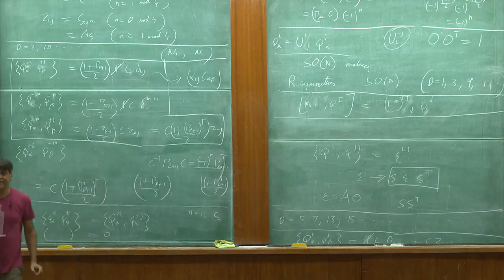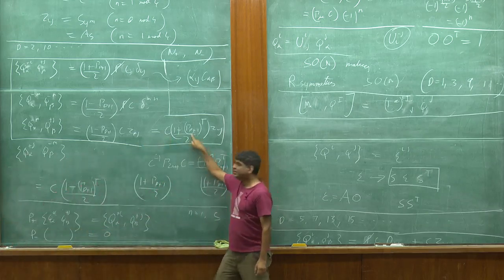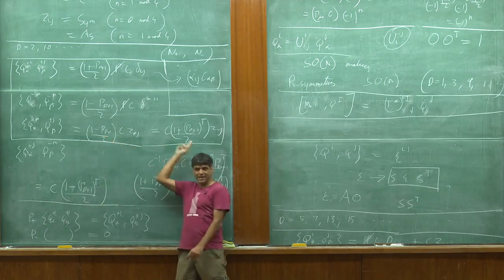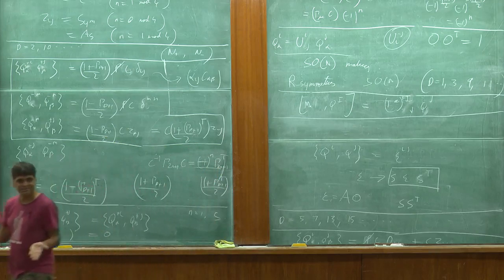Another way of saying that is you read it from right to left rather than left to right. And this equation here is telling us that if we read it from right to left, this P minus has become a P plus. So it's consistent. It's just that transposition is changing this P minus to P plus.